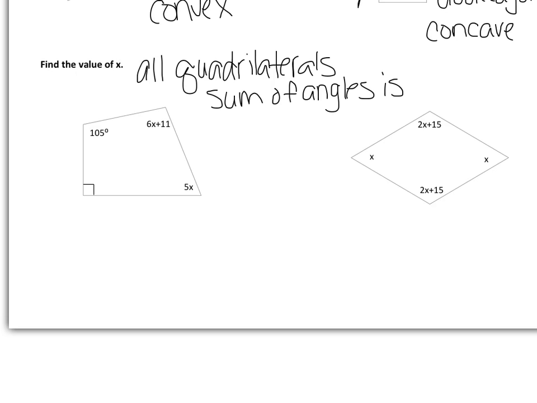Hopefully you can think about it: in a square, the interior angles add up to 360, and it's going to work that way for all quadrilaterals. So the sum of all the angles in any quadrilateral is going to be 360.